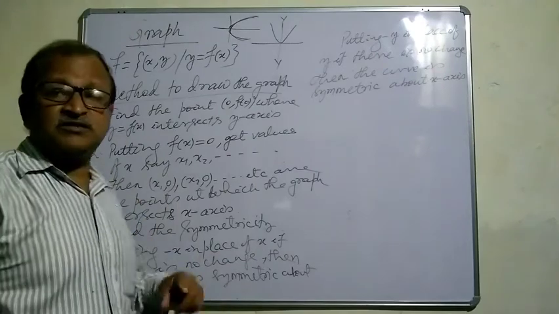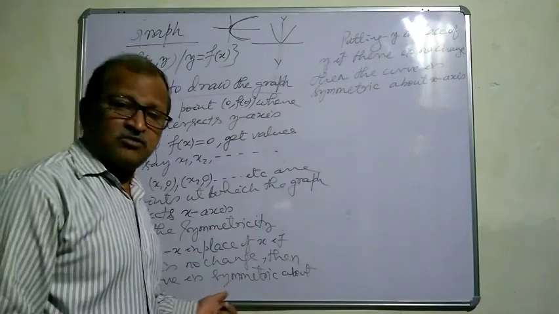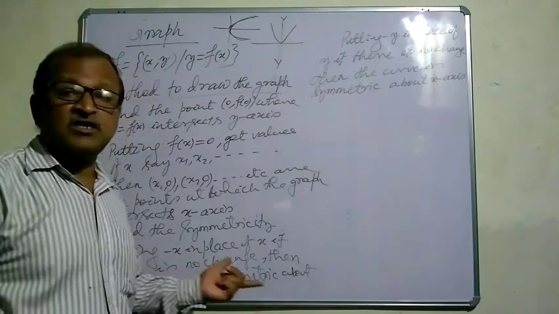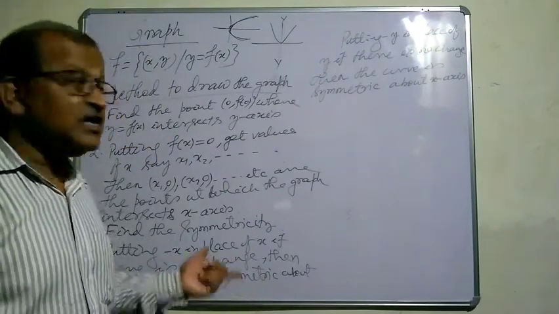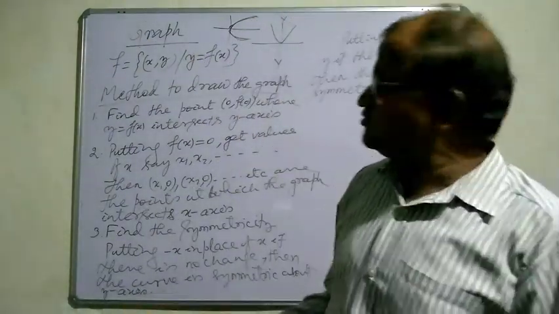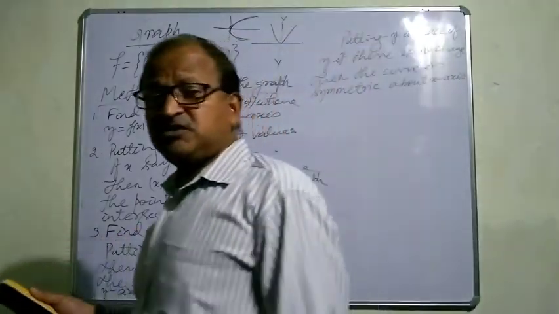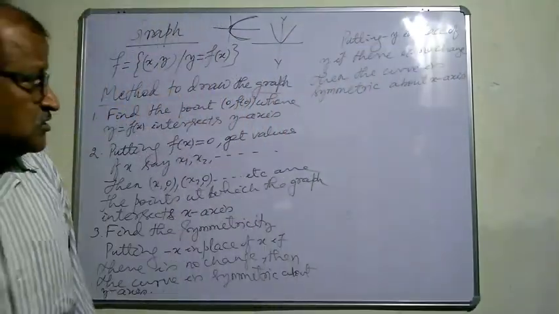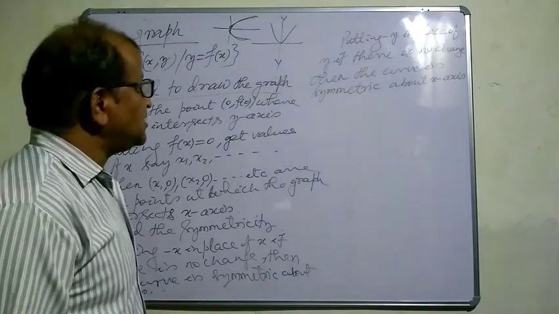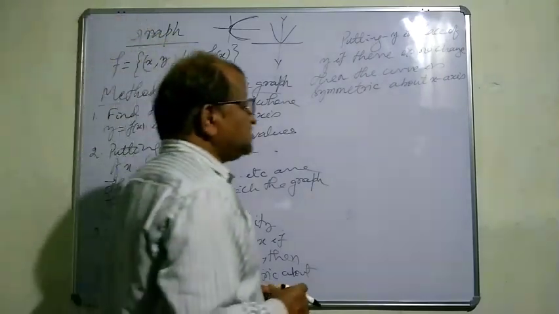So how will you determine whether it is symmetric about the y-axis or not? By putting minus x in place of x, if there is no change in the equation, then the graph is symmetric about the y-axis. Similarly, by putting minus y in place of y in y is equal to f(x), if there is no change, then the curve is symmetric about the x-axis.